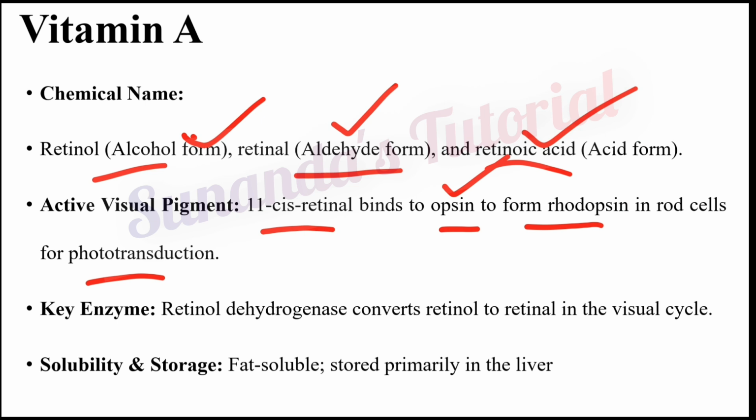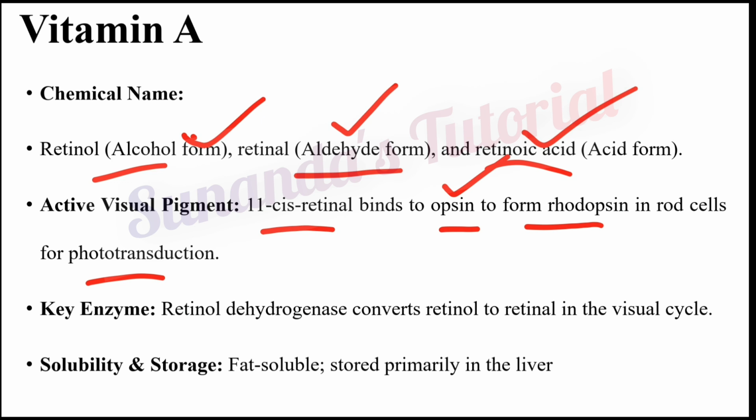Do you know what phototransduction is? It is a biochemical process in vertebrates. Vertebrate photoreceptor cells, which are rods and cones in the retina, convert light energy to electrical signals, which the brain then translates to a visual image. So finally vitamin A helps in vision.